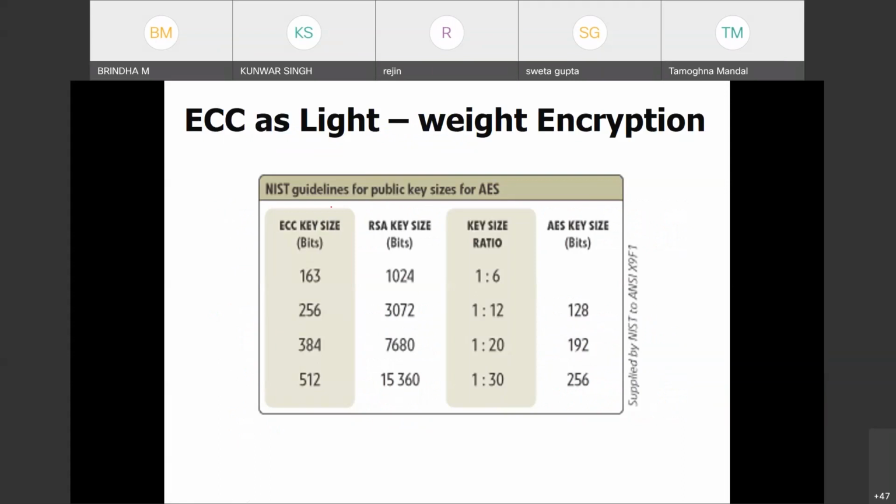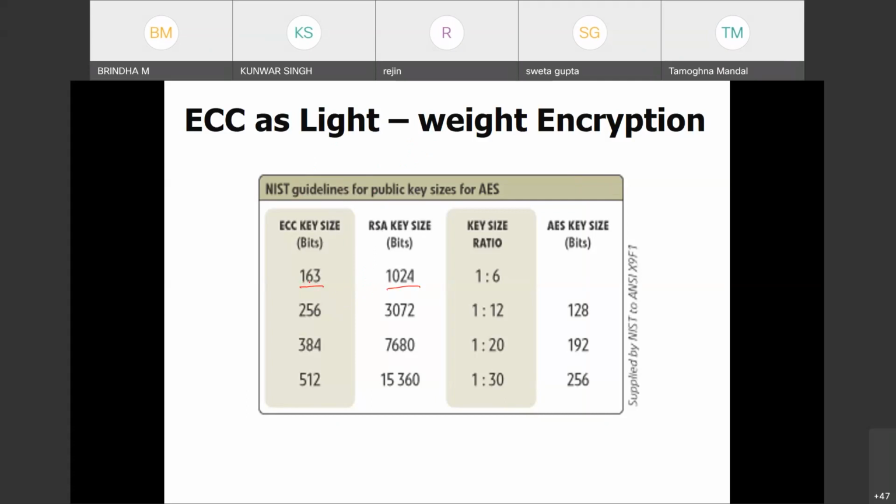Okay, so now we'll see ECC as lightweight encryption. Blockchain uses ECC. If you see ECC and RSA, ECC of 163 bits and RSA of 1024 bits give the same level of security.